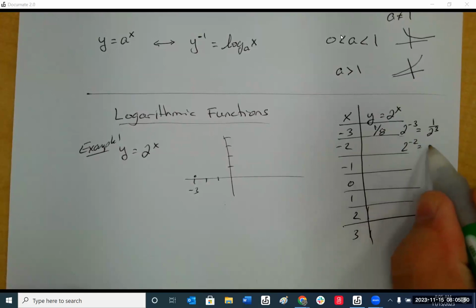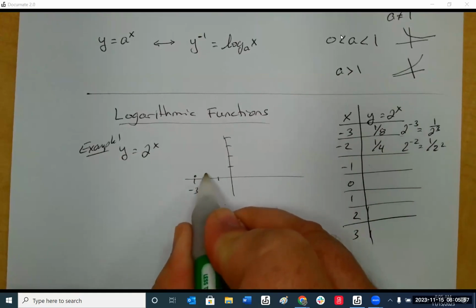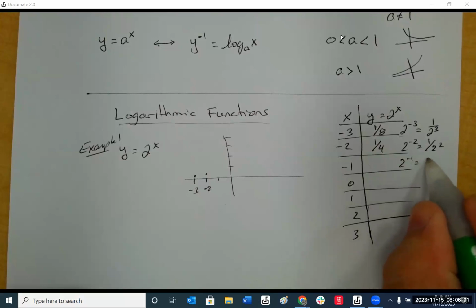Two to the power -2 is 1 over 2 squared, so it's 1/4. Two to the power -1 is 1 over 2 to the first, which is 1/2.